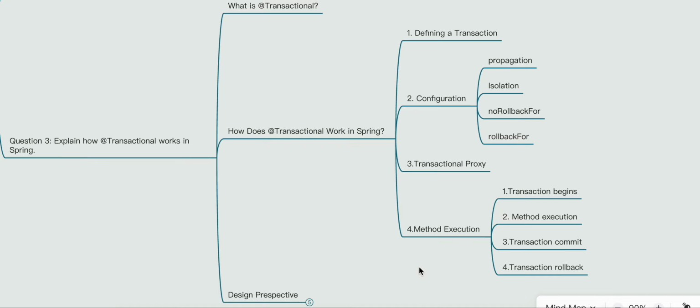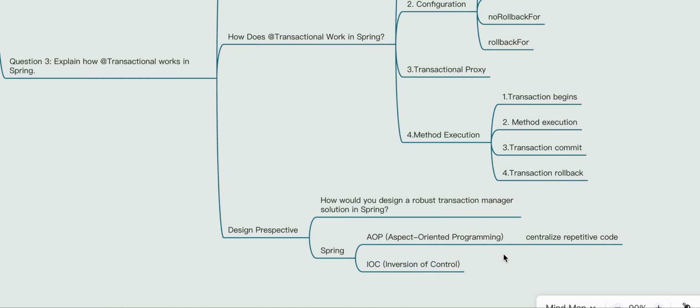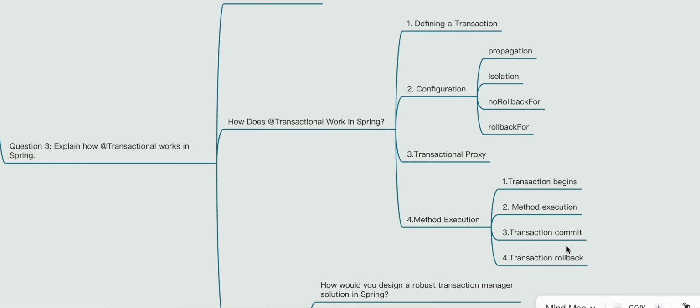But with the Spring feature AOP, you can centralize repetitive code which opens the transaction, commits the transaction, and rolls back the transaction, and even control the transaction with related configuration patterns.